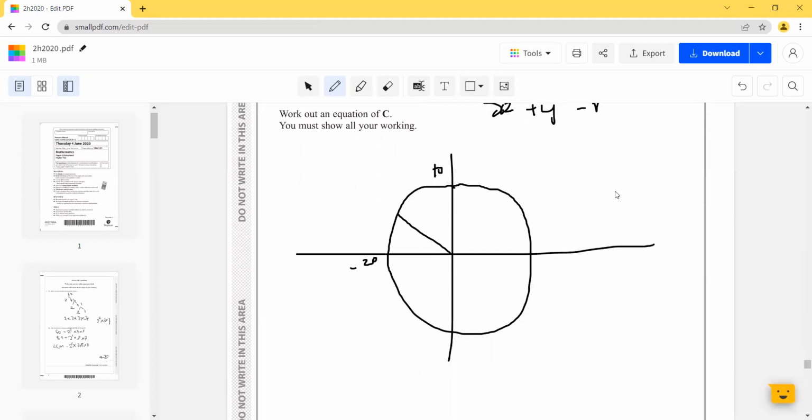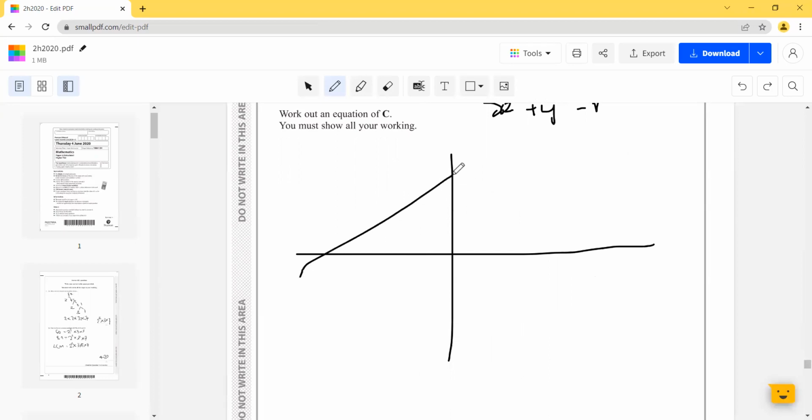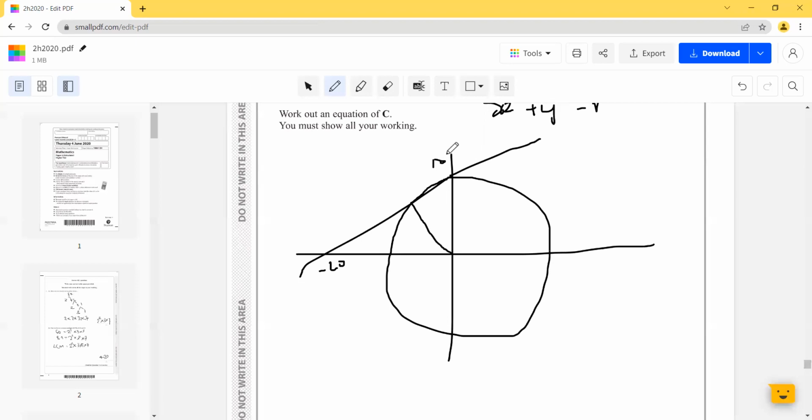We know what a tangent will look like. Maybe I should have drawn my tangent first. It is what it is at this point. We have (-20, 0) and (0, 10).